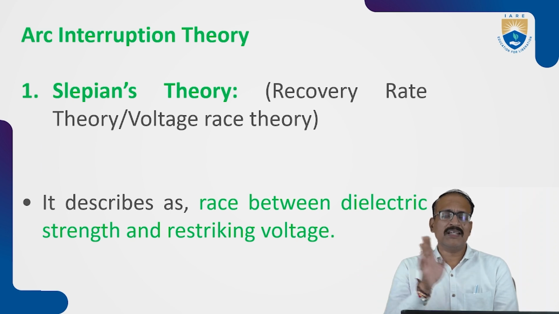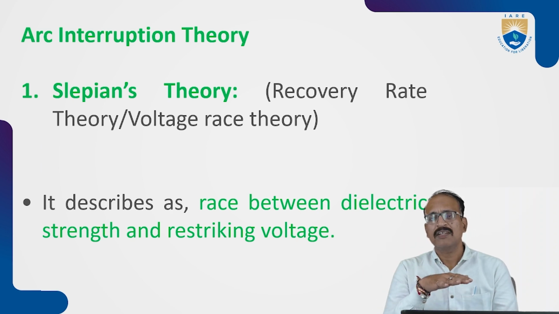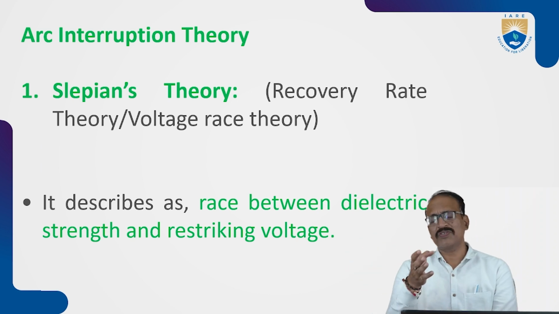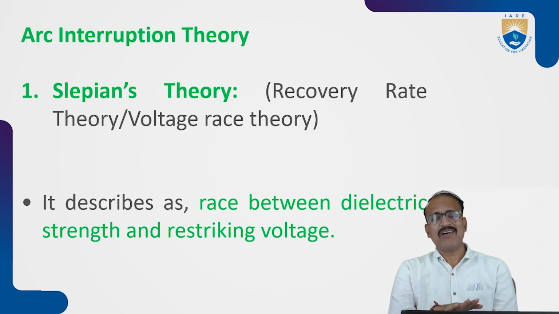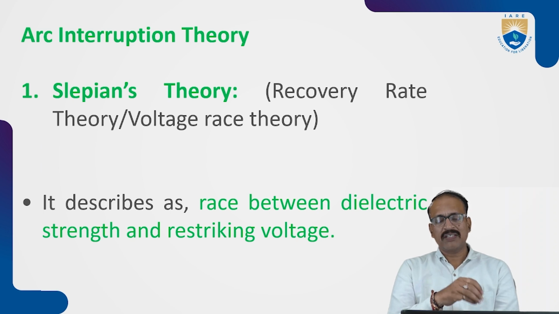If we develop a theory from the practical, we cannot be 100% sure. Probably it comes near, and only in some cases may it be exactly right. This proposes that it is a race between the restriking voltage and the dielectric strength, which explains why the arc happens again.